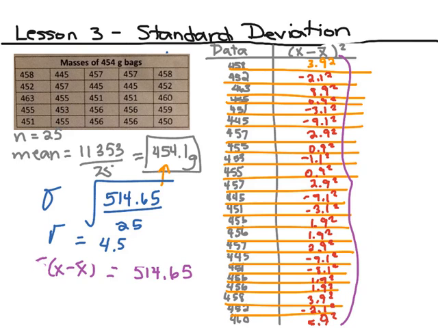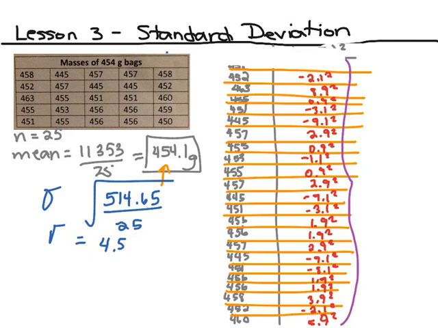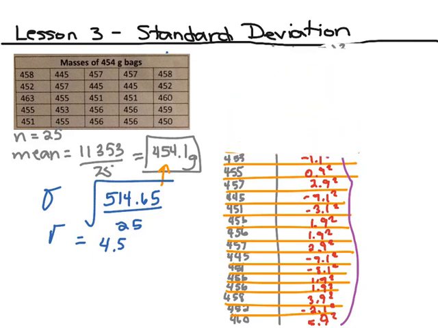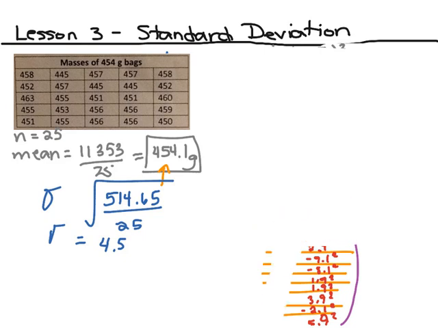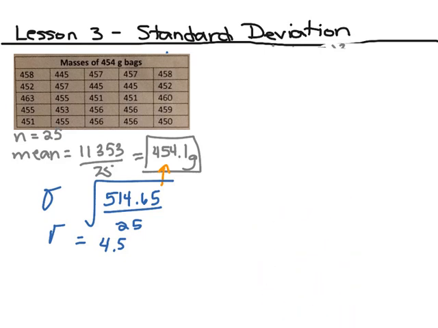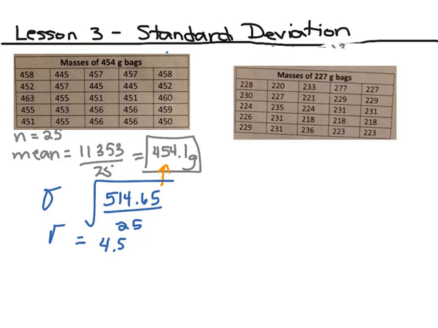Now the question is asking to compare the two bags of sunflower seeds, or chips, whatever you think the question is asking about. We know that the 454 gram bag is 4.5, and we found that the 227 bag was 5.5. Because this has a smaller deviation, that means it's going to be closer to the average.